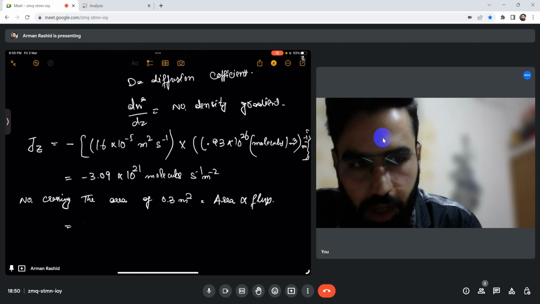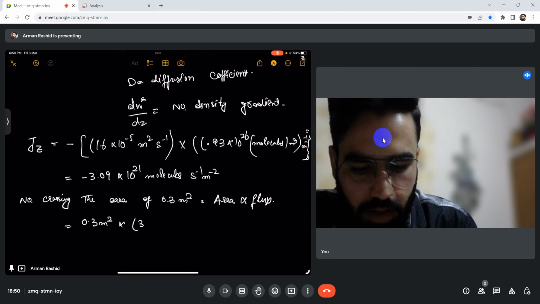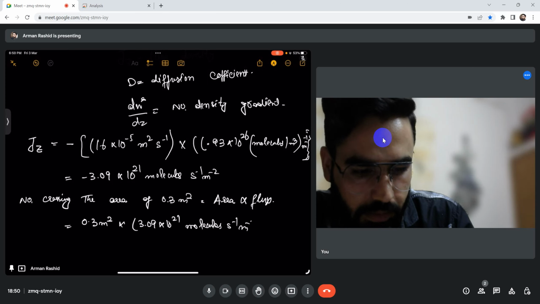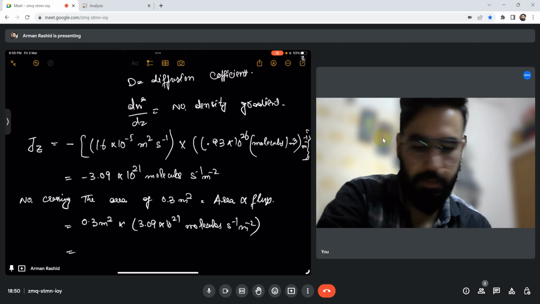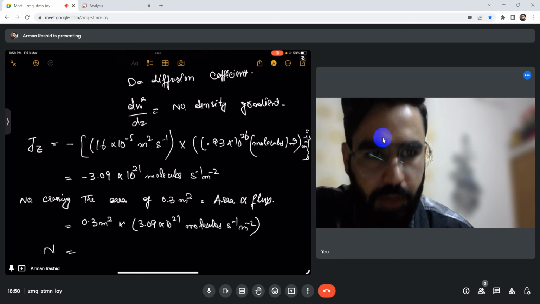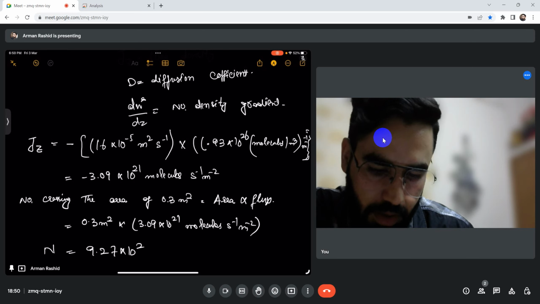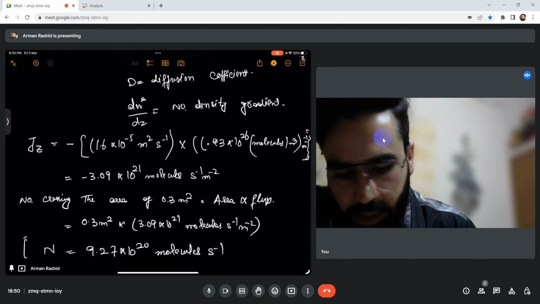Okay, area is 0.3 meter square, flux is 3.09 into 10 to the power 21 molecules per second per meter square. So the value will be, I will write capital N as number crossing, 9.27 into 10 to the power 20 molecules per second. So that is our answer.